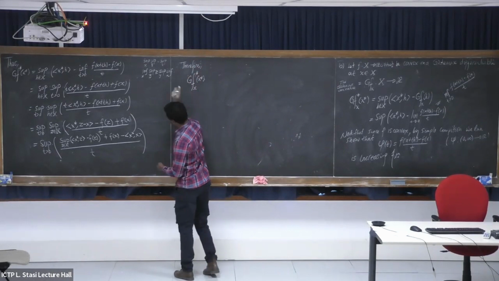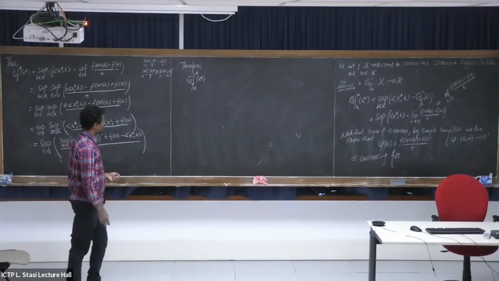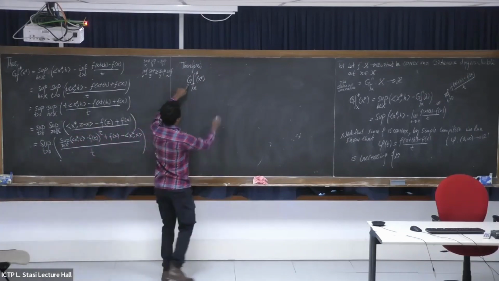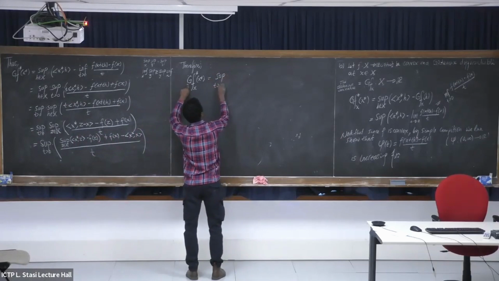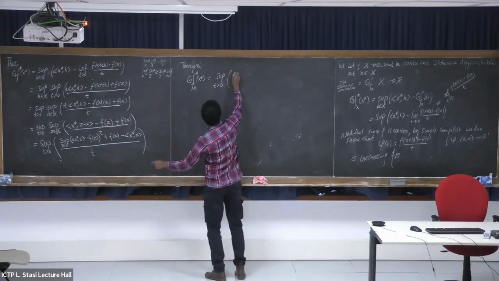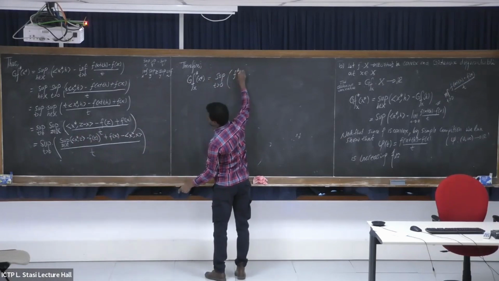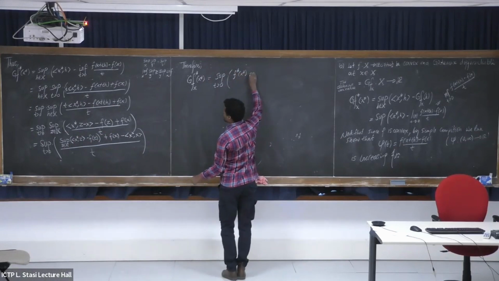The Fenchel conjugate of the convex derivative, this value is the Fenchel conjugate at F.